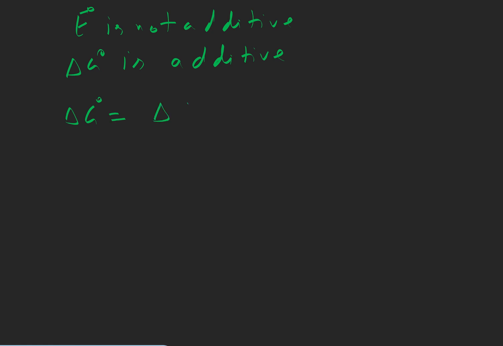So what we have got? Now we know electrode potential is not an additive property, but delta G naught is an additive property. So delta G naught is equal to delta G naught 1 plus delta G naught 2.